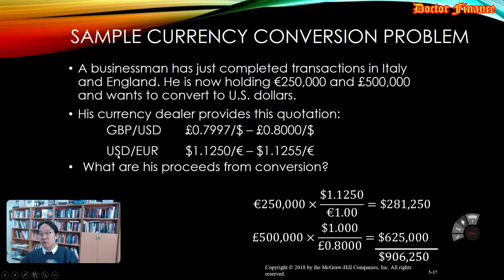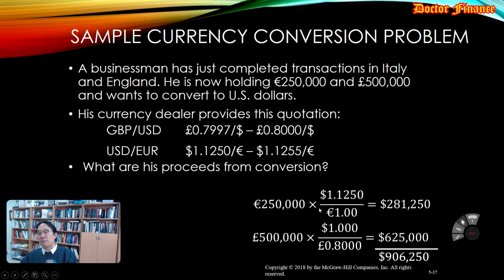And then US dollar to euro, right? When the dealer wants to buy euros from you, he's going to apply $1.125 per euro. When he sells, he's going to apply $1.1255 per euro. Now, what are his proceeds from conversion in US dollars? So euros first and then pounds next, because it's the easy thing first and then the confusing things next.